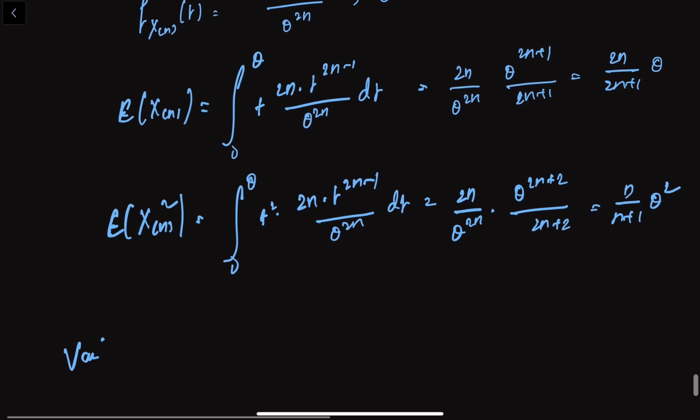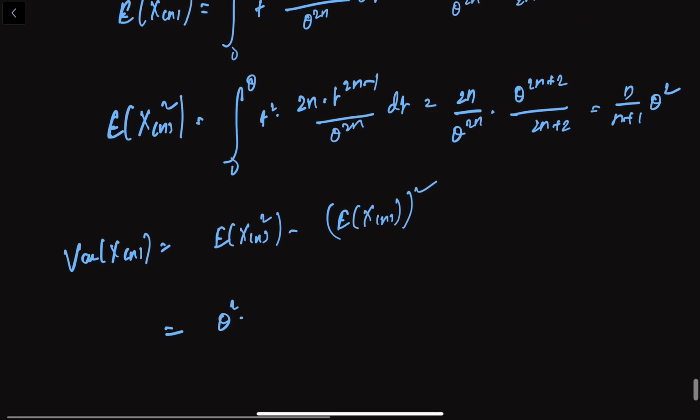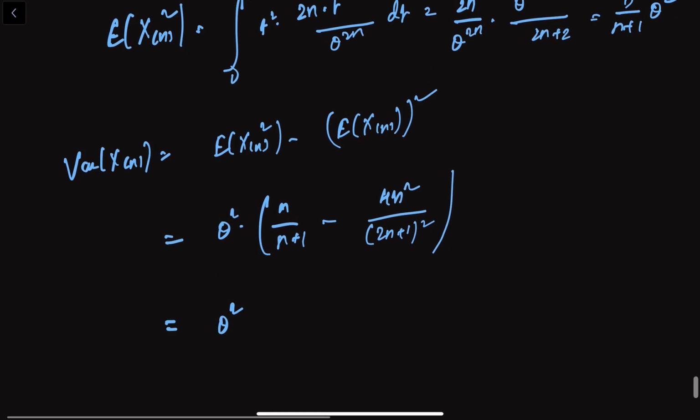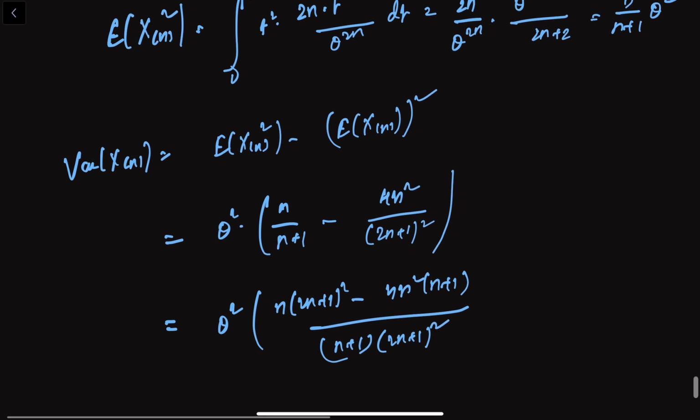Therefore the variance of Xn will be the expectation of Xn square minus the expectation of the nth order statistic whole square. That is theta square into n by n plus 1 minus 4n square by 2n plus 1 whole square. That is theta square into n into 2n plus 1 whole square minus 4n square into n plus 1, over n plus 1 into 2n plus 1 whole square.